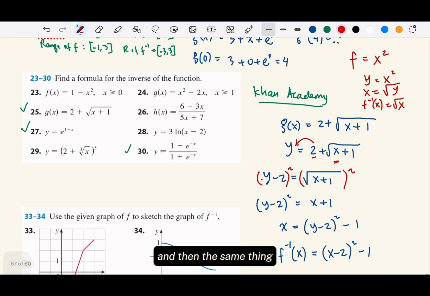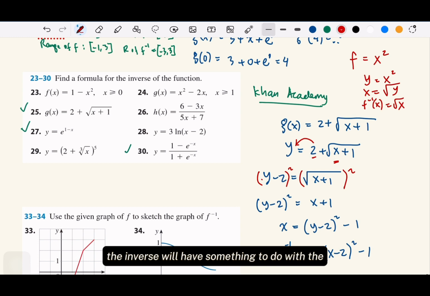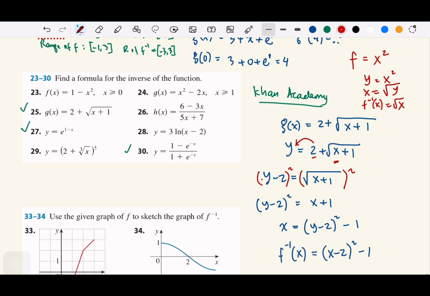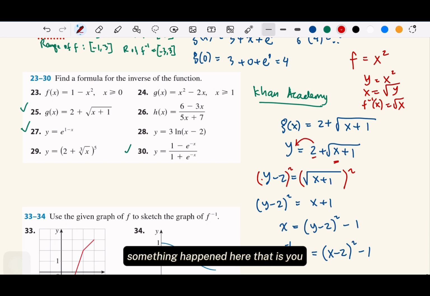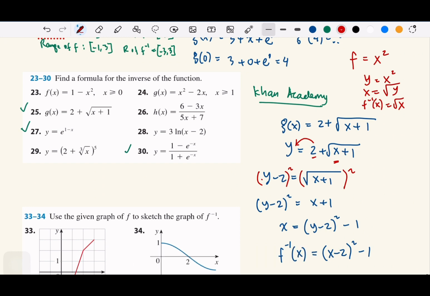And then the same thing for this part here. You get square root. So you are expecting the inverse will have something to do with the square. Okay, that's the idea. So if something happened here that you cannot recognize, it means that maybe at the middle of the step, maybe you have a wrong process.